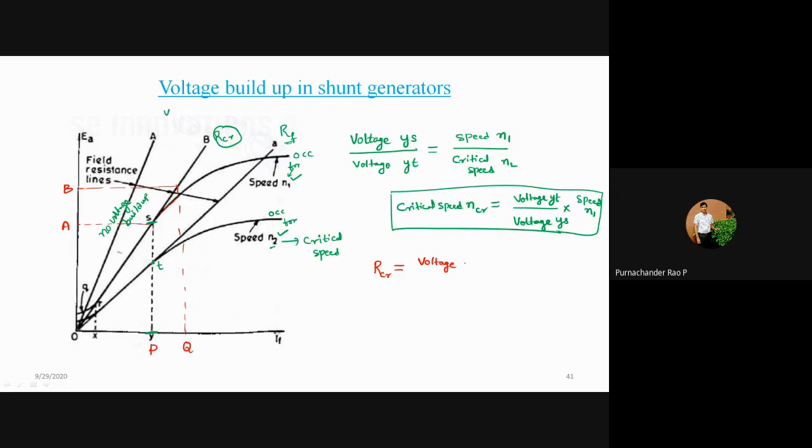So the voltage AB divided by the current PQ. This will give you the critical field resistance from your magnetization characteristics. So these are the two important parameters we should consider for calculating the critical field resistance and the critical speed.